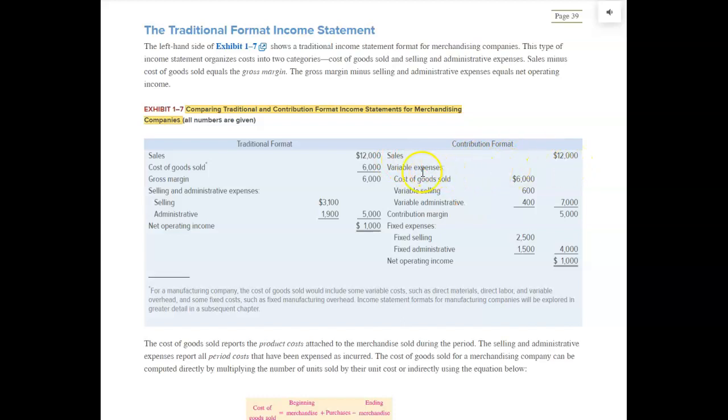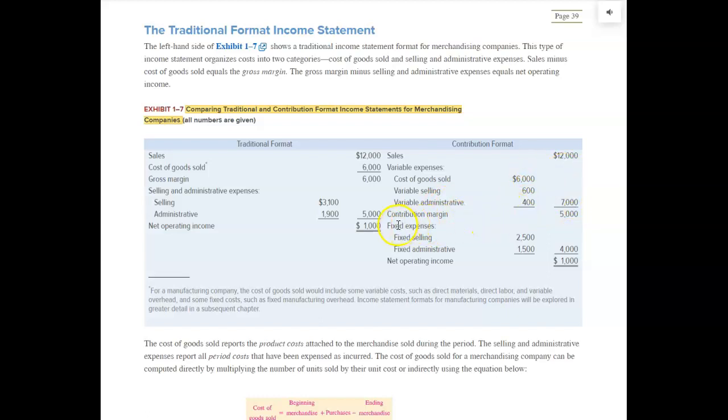But instead of just having cost of goods sold in one number, we have variable cost, and then we show the variable cost that are within cost of goods sold. So $6,000, and I guess they're saying all their cost of goods sold are variable cost. That may or may not be true. That would be true, I guess you could say, in a retail company. But then you have variable selling expenses, variable administrative. These are all your variable costs, total of $7,000.